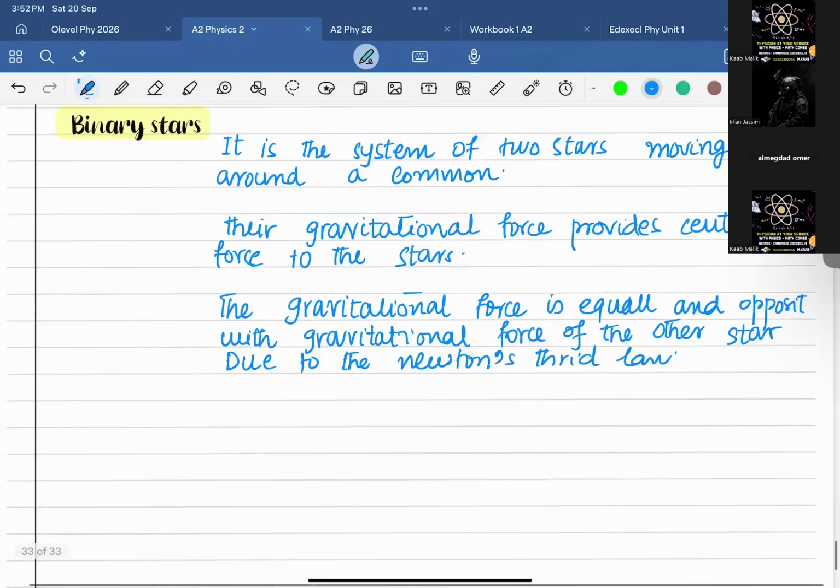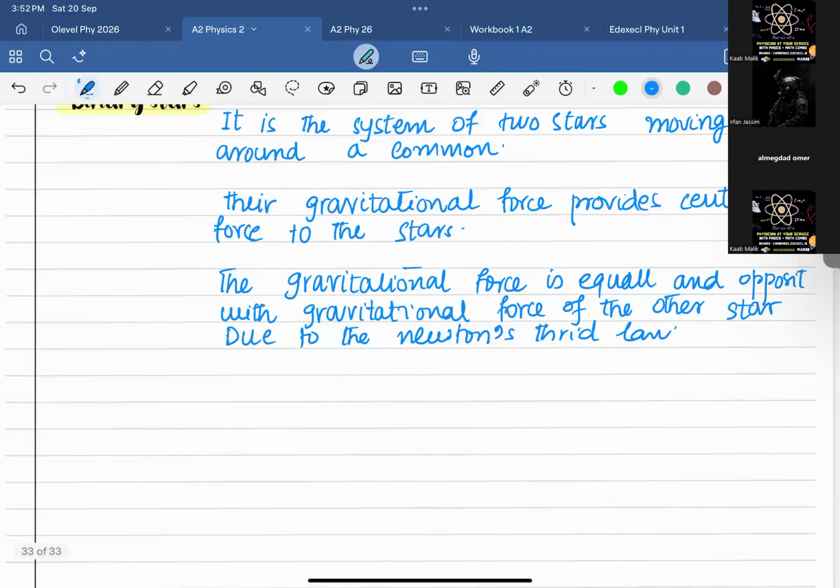Now, if they are in circular motion around a common center with the same force, their period of rotation is also going to be the same.